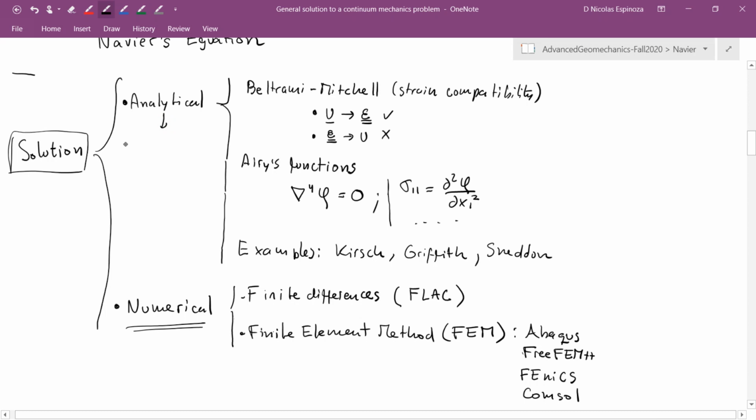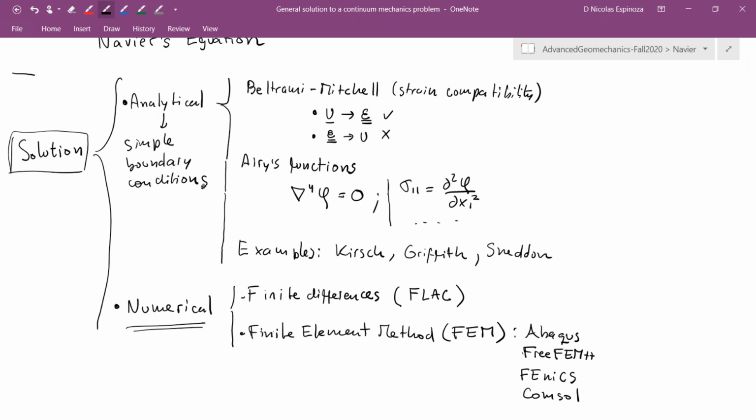The analytical solutions usually are good for relatively simple boundary conditions, while the numerical approach is valid, and it is more efficient for problems that have quite complex boundary conditions.